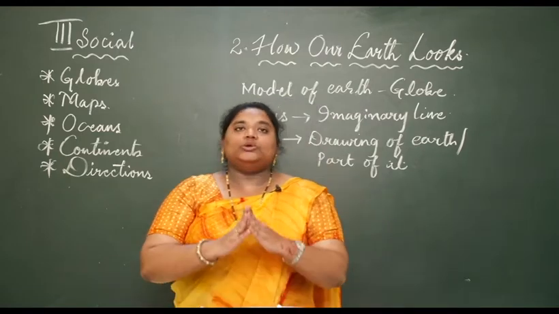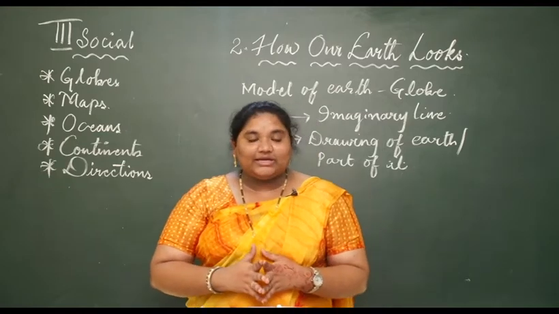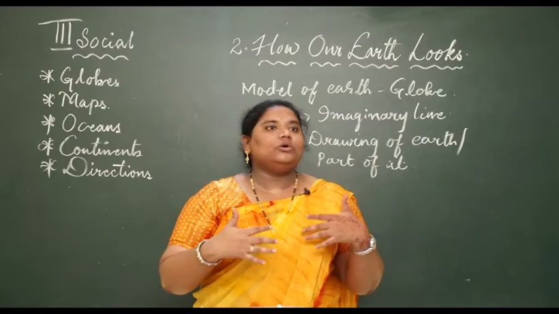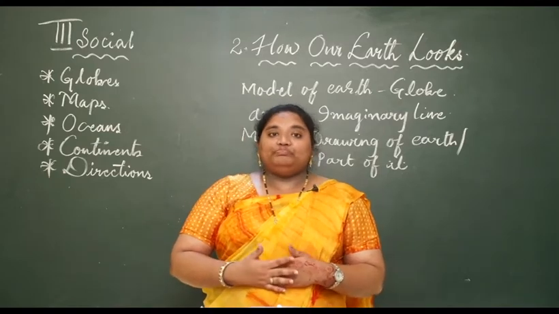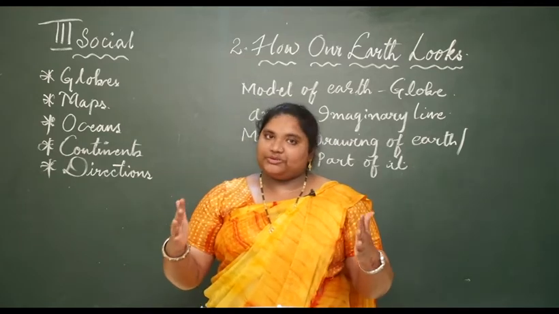So when you look at a map, you see different colors. Am I right? Mostly you see blue color and also other colors. Blue color refers to a water body.